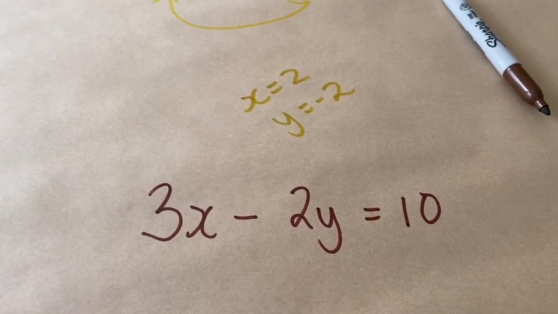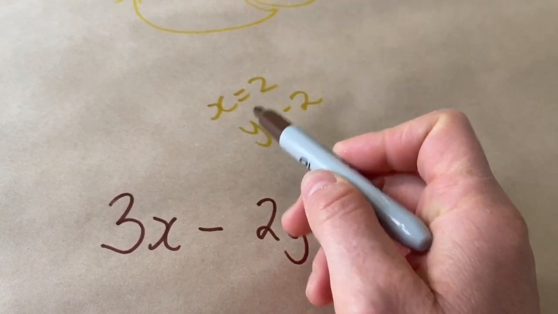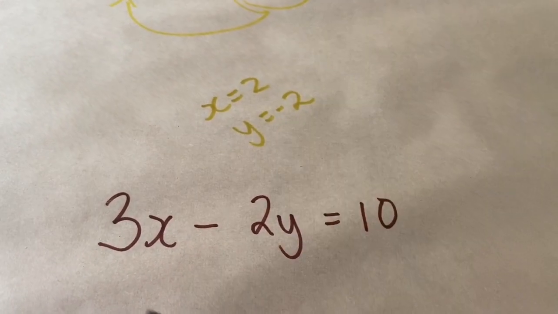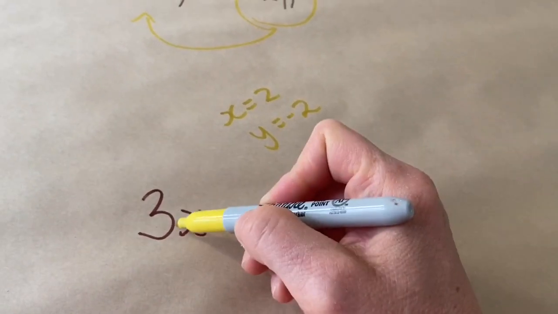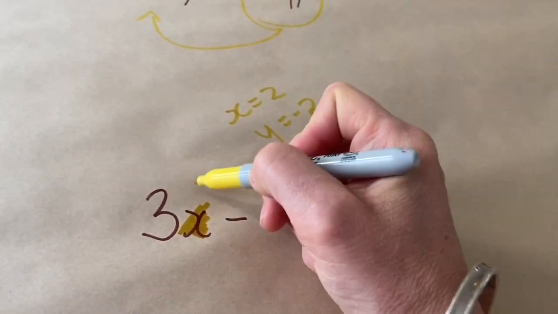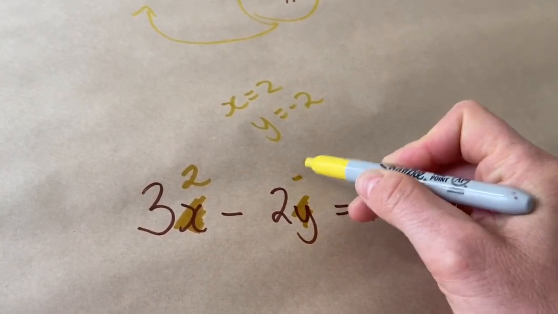So I'm going to use the second equation and check to see that if x was 2 and y was negative 2, my equation would work. So what that means is I'm going to cross off this x and put a 2 there. I'm going to cross off this y and put a negative 2 there.